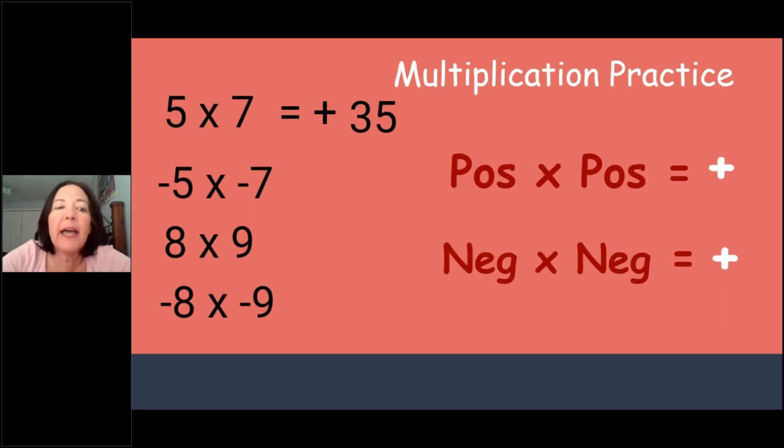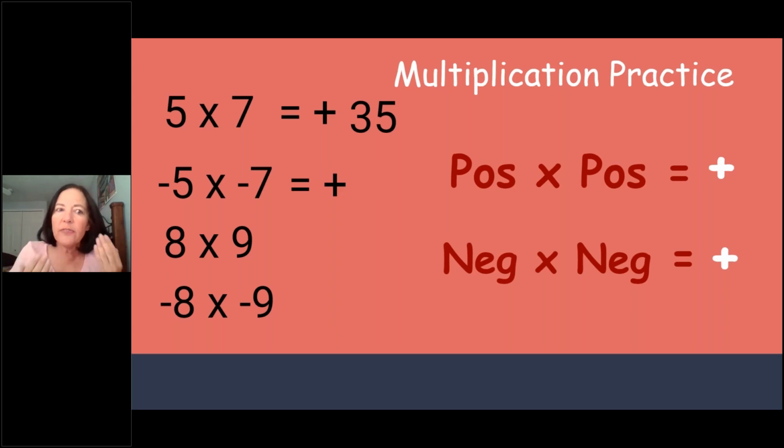Now, how about if we had a negative 5 times by a negative 7? Would our answer then be a positive or a negative? Positive because it's the same. Exactly right. They're the same, and that's very confusing for students.